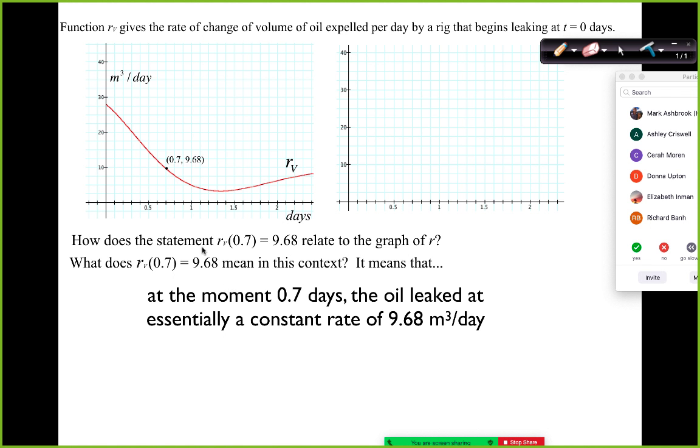So what this means is that at the moment 0.7 days, the rate of oil leaking into the ocean is essentially constant at 9.68 meters cubed per day. Okay? And what does that mean? What does it mean that we have a constant rate of 9.68 meters cubed per day?